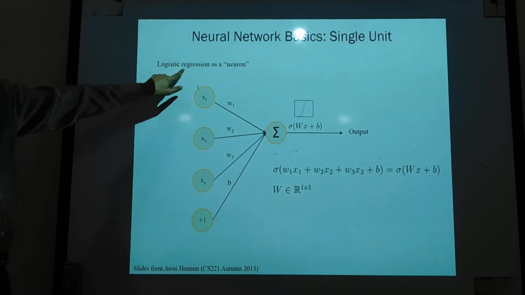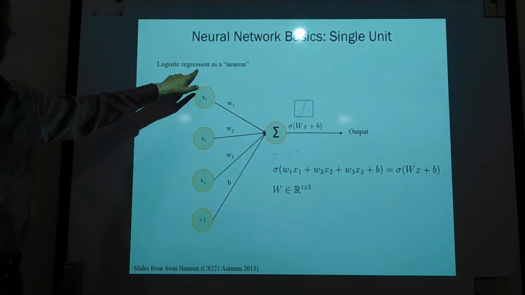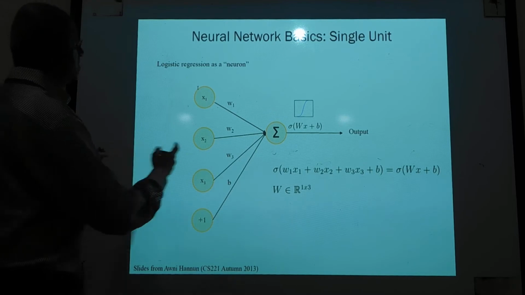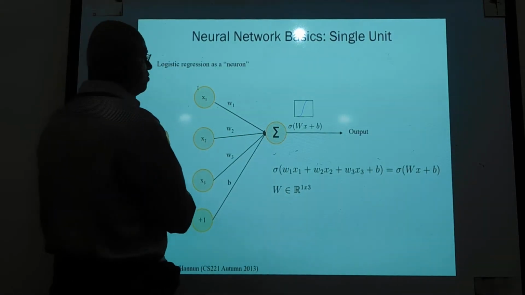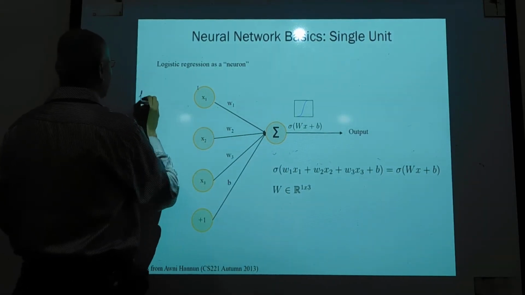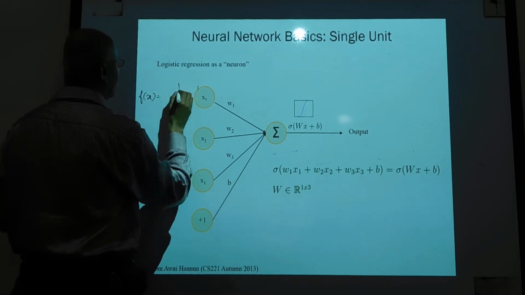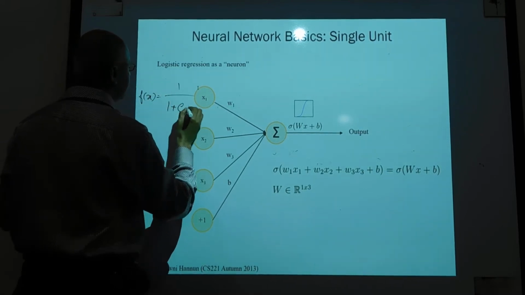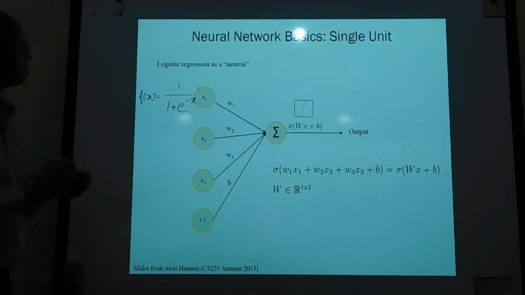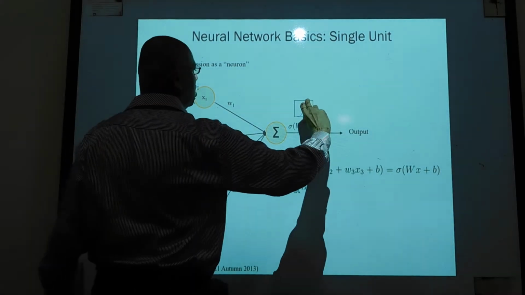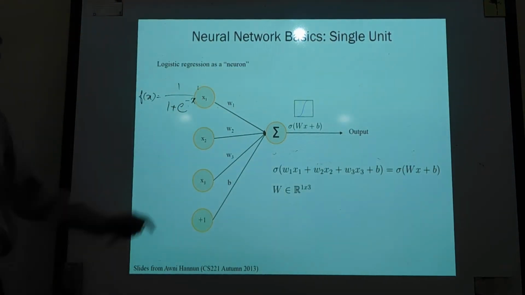We are going to use the logistic regression function as the activation. This function is given by f of x equals 1 over 1 plus e power minus x. x could vary from minus infinity to plus infinity, and the output will always be between 0 and 1.